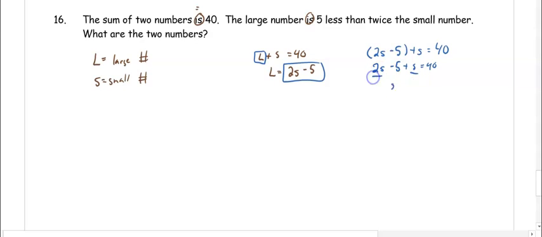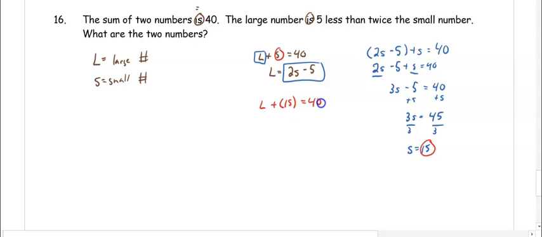We can combine the S's. 3S minus 5 equals 40. We can add 5 to both sides. 3S equals 45. We can divide by 3, so S equals 15. And then we're going to take our S value and substitute in. So L plus 15 equals 40.